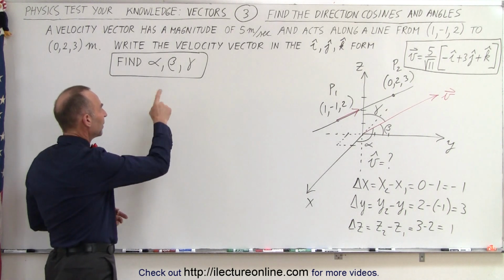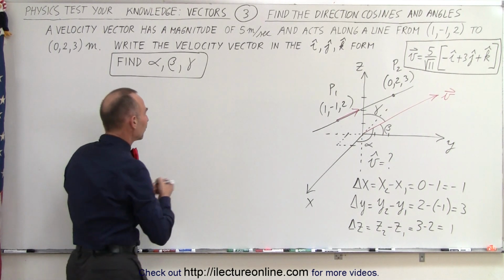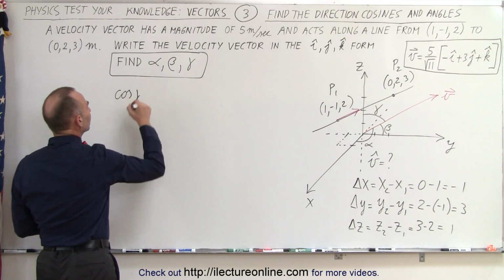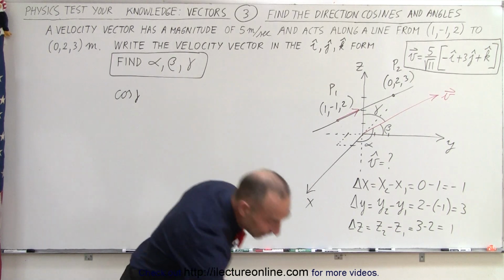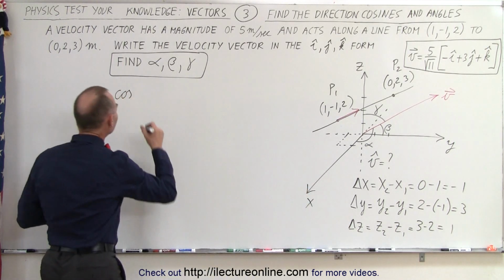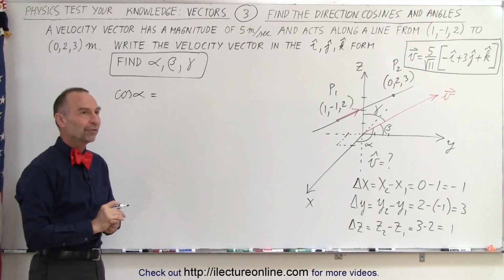So to find alpha, beta, and gamma, let's first find the direction cosines, which are defined as follows. The cosine of alpha is equal to, well, how do we define that?